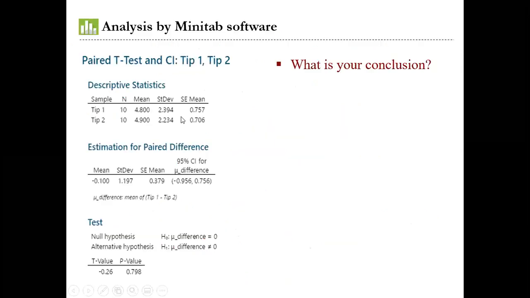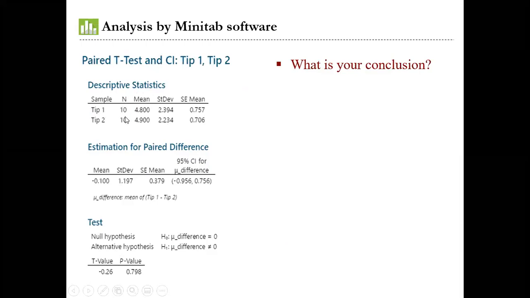Okay. So this is the output of Minitab. Again, it gave me the same results. I gave Minitab the two columns of data, and I asked it to give me the paired t test results. It gave me the t test information and also the confidence interval information.